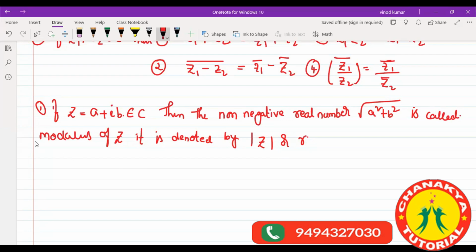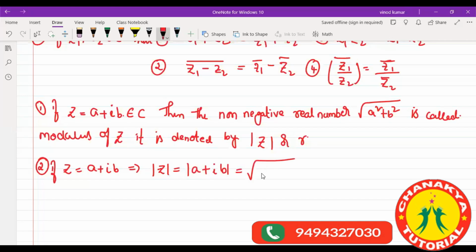Generally, if Z equals A plus iB, then mod Z equals modulus of A plus iB, which can be written as square root of A square plus B square. For example, Z equals 2 minus 3i.